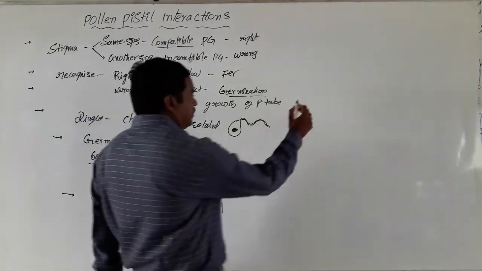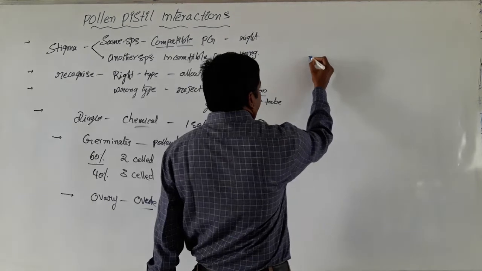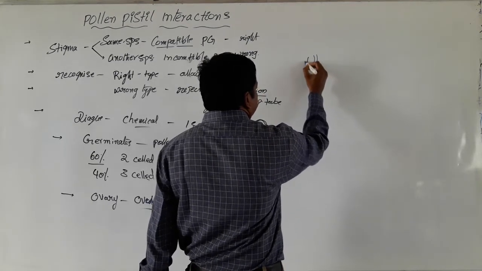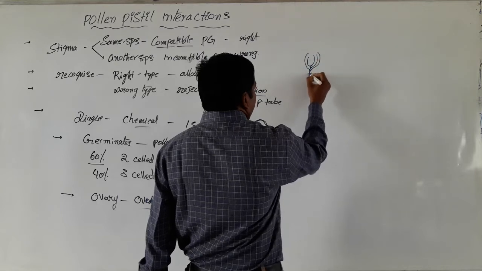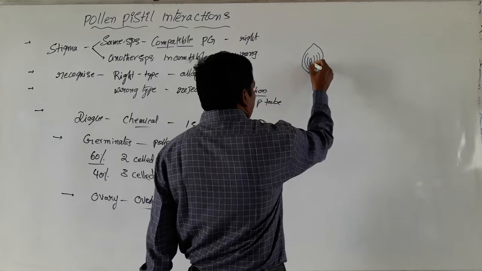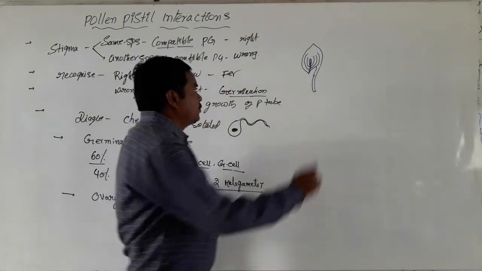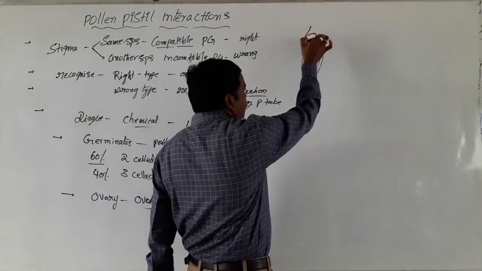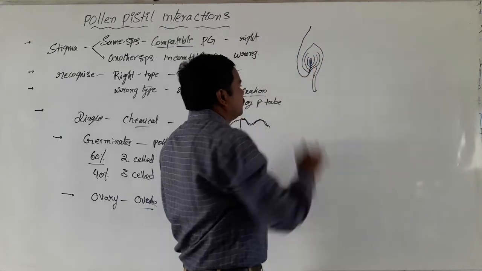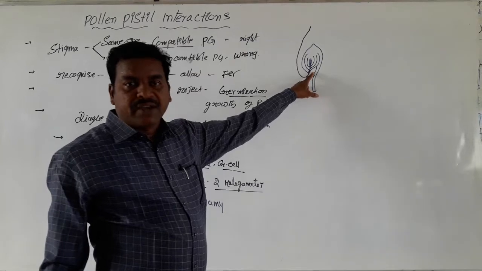For example, this is the ovary, and this is the ovule. This is the pollen tube. It directly enters into the ovule through the micropyle.